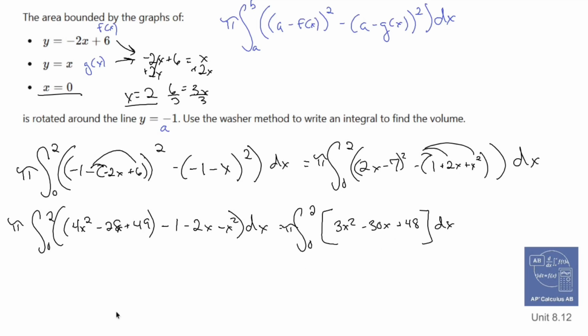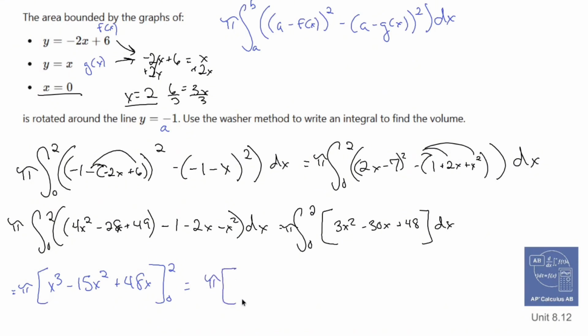Still haven't integrated yet, until now. So you become pi times x cubed, perfect, minus 15x squared plus 48x. Limits are 0 and 2.